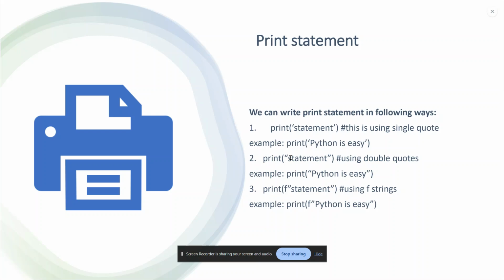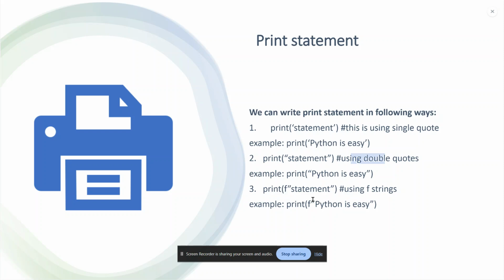Okay. Going to print statement. Like I said, there are at least two ways that you can print. One is what we all saw already, print, and then you give the statement in single quotes or in double quotes. So one is using single quote, one is using double quote. Both will give you the same output. Or you can use F string. F string is, I would call it, a good feature Python provides.